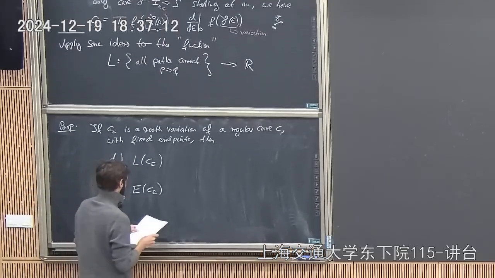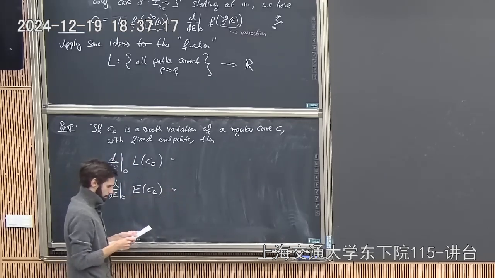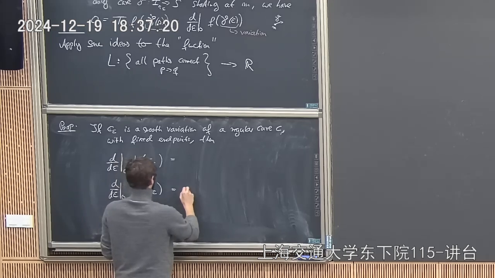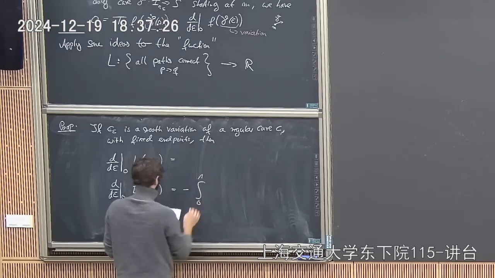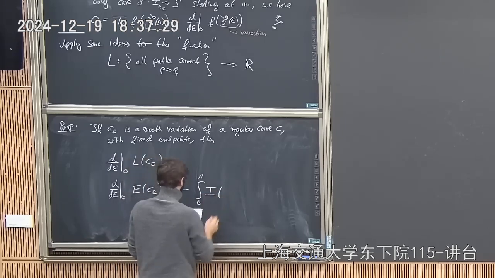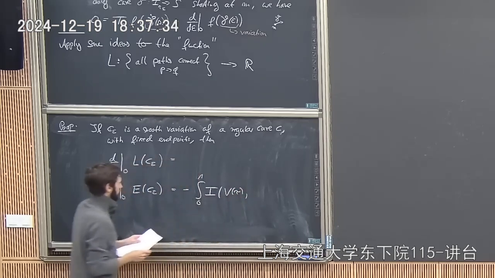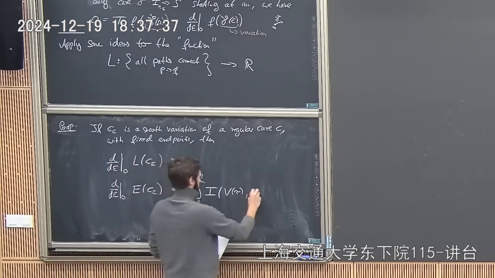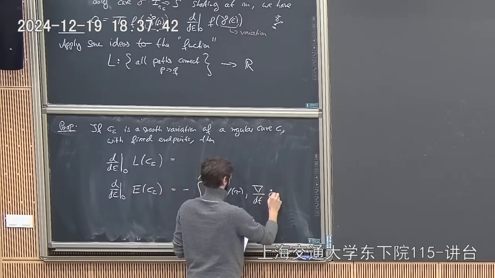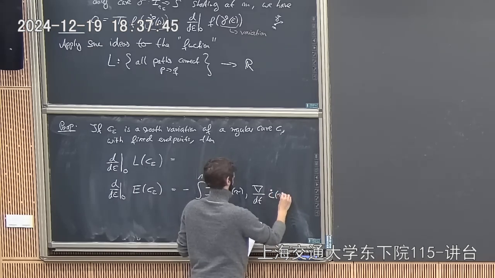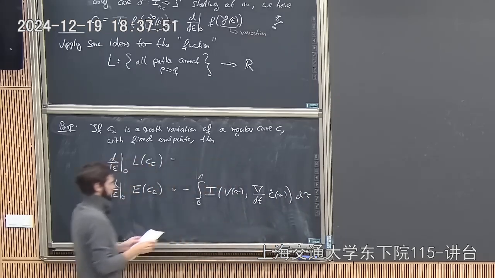And the proposition says that perhaps it's best to start with the energy. It's a slightly simpler formula. Namely, here we get the integral from 0 to 1 of the first fundamental form of the variation vector field paired with the covariant derivative of the curve, and then we integrate that over tau.